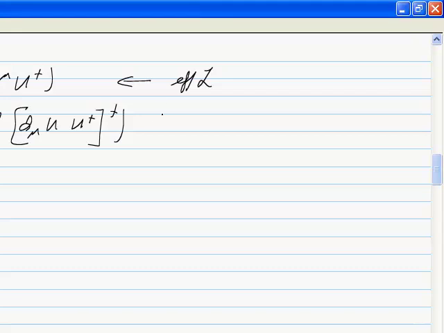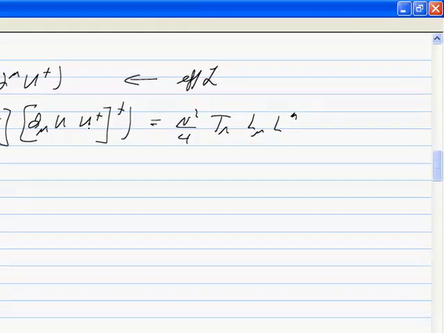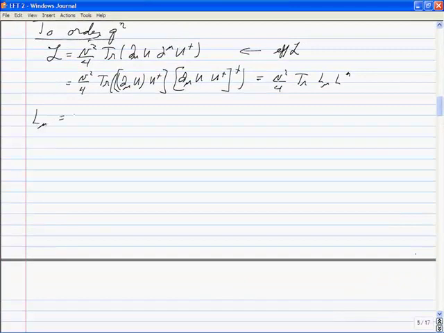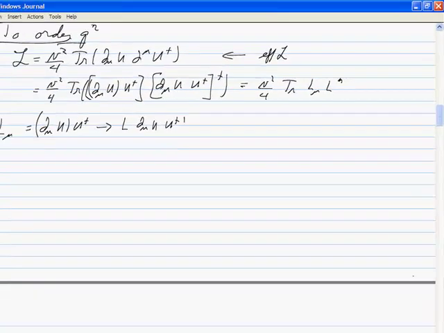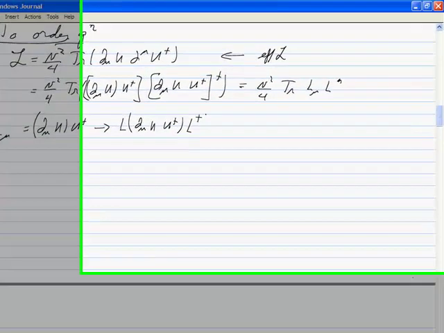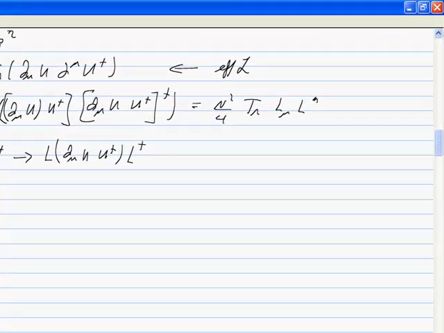Okay. So this you'll sometimes see being written as v squared over 4 trace L mu, where L mu is this d mu U dagger. And the labeling L is just because this thing goes to that left-handed matrix L's on both sides, right?